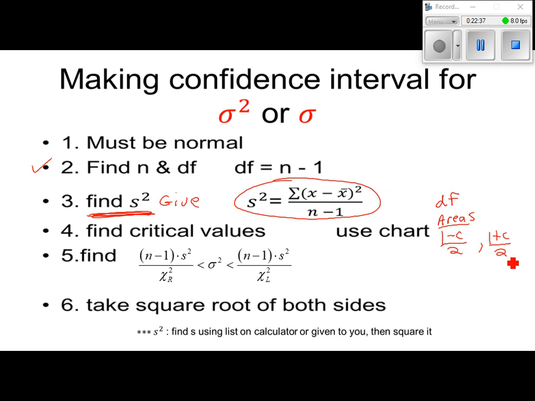Then you're just going to take all that information and plug it into each of these two. Notice that the tops on both of these are the same. And you're just dividing by the right critical value that you got from the chart and the left critical value that you got from the chart.